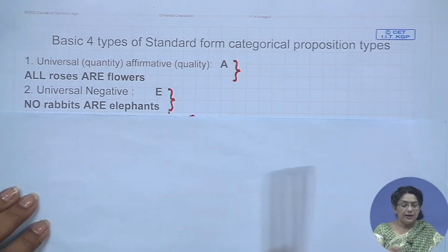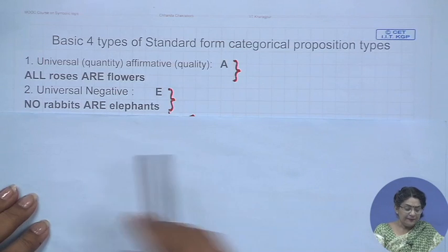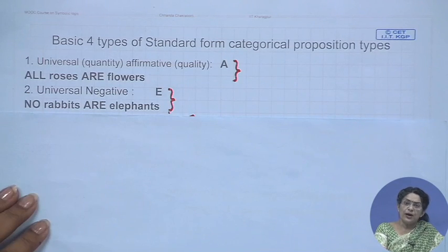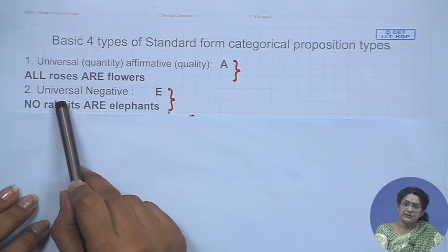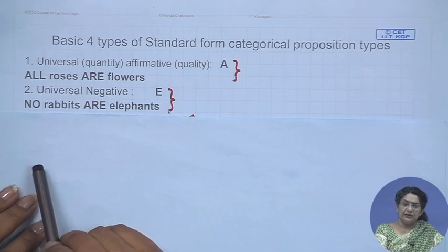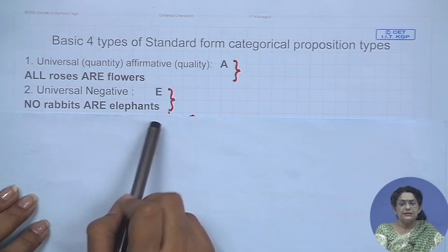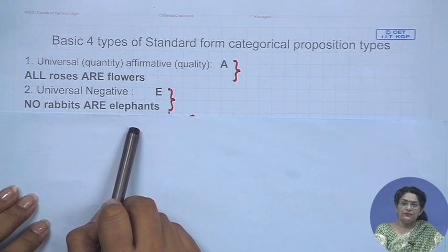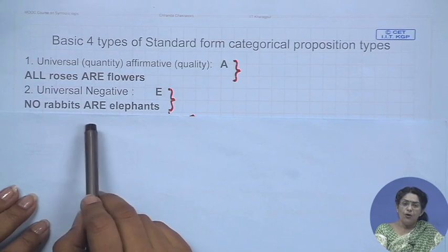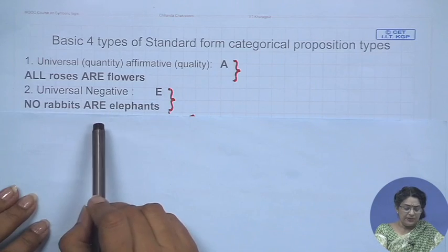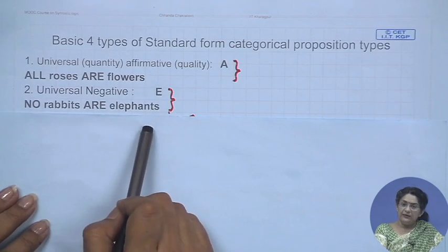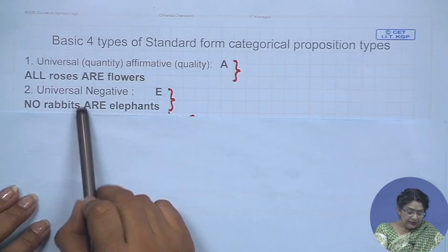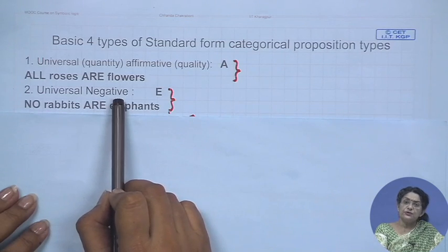So, instead of saying all rabbits are not elephants, which is not exactly clear, you want to say no rabbits are elephants. So, you were thinking still about the rabbits class, every member of that, and none of them is an elephant. Get me? So, the structure of an E proposition is no rabbits are elephants. Okay. This no and are combination gives you negative.